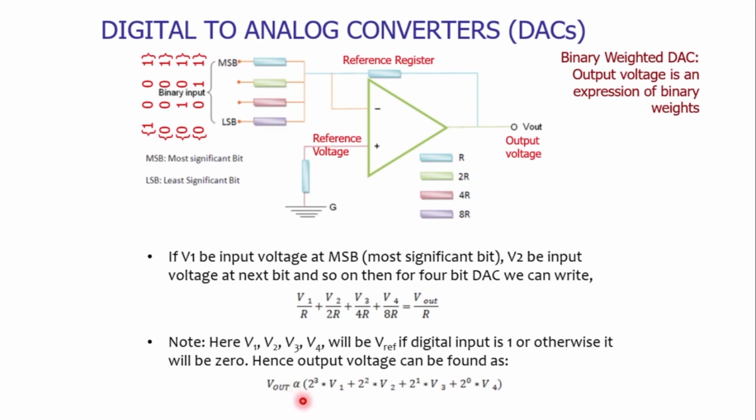Because the actual values will depend upon the gain of the operational amplifier, and the gain depends upon the value of the reference resistor and the values of the input resistors. So when we choose appropriate values of input resistors and reference resistor, we can precisely compute the value of the output voltage based upon the signal given as digital input.